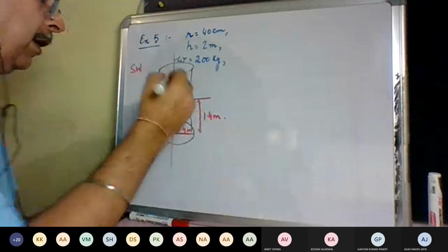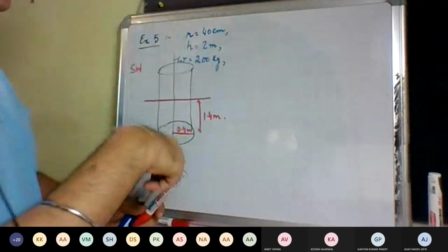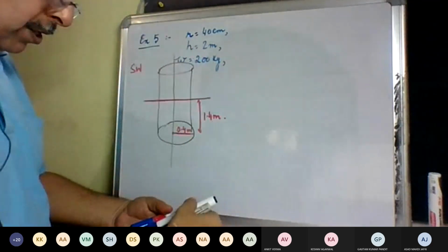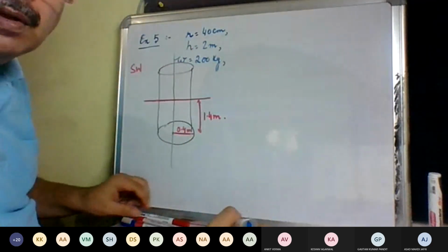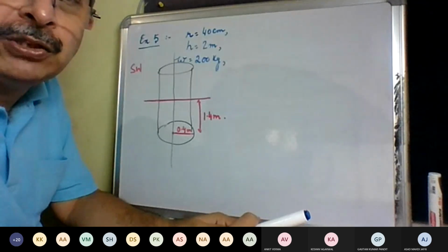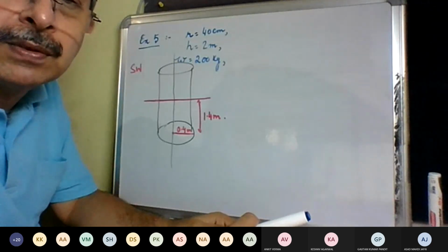Radius is 0.4 meters. Total height is 2 meters. The W is 200 kilos. In this we have put lead pellets. Find the mass of lead pellets in it in kilograms.